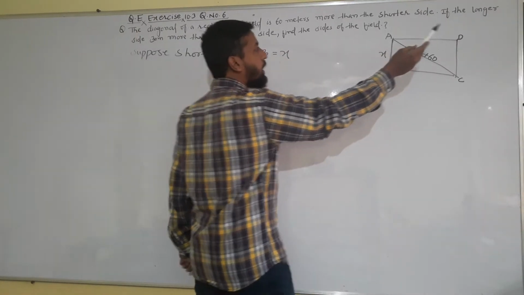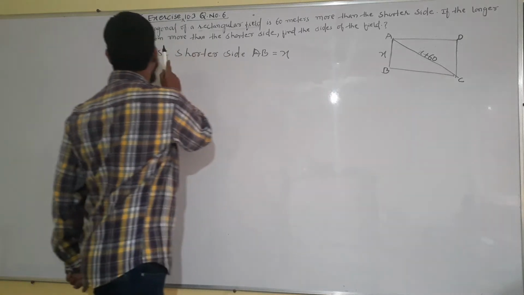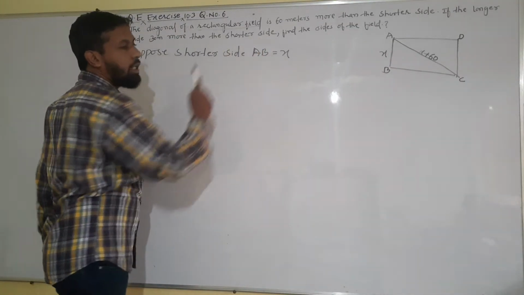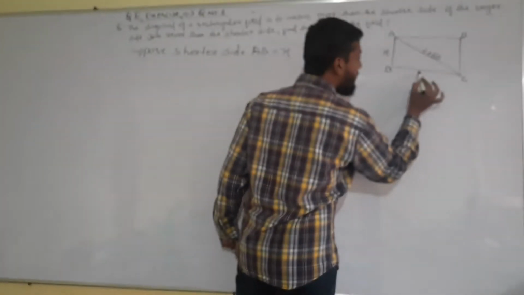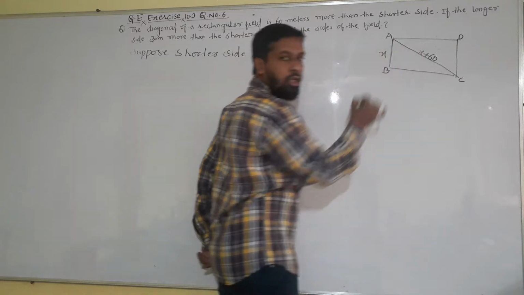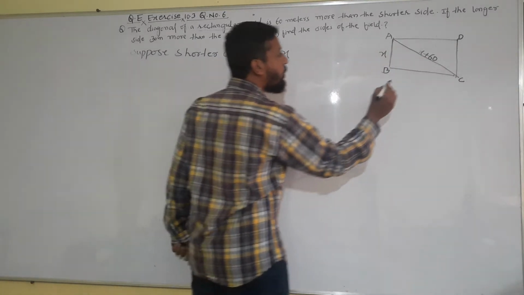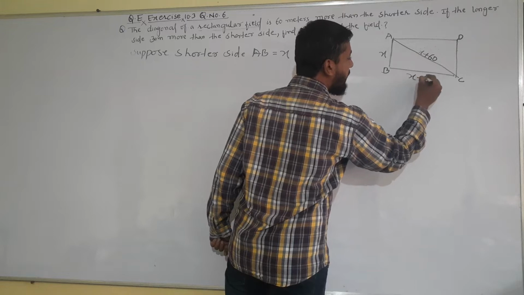Now let's move further. The longer side is 30 meter more than the shorter side. Now this side, what is saying, this side is 30 meter more than the shorter side. So it will be x plus 30.